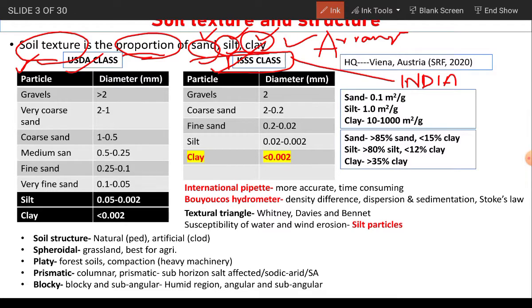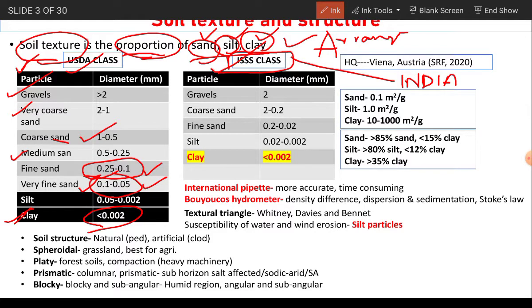According to the USDA classification, there are 8 classes, starting from gravel, which is more than 2 mm, very coarse sand 2 to 1 mm, then 1 to 0.5 mm which becomes your coarse sand, then medium sand 0.5 to 0.25, fine sand 0.25 to 0.1, very fine sand 0.1 to 0.05 mm. The most important thing here is the size of the clay particle, which is less than 0.002.